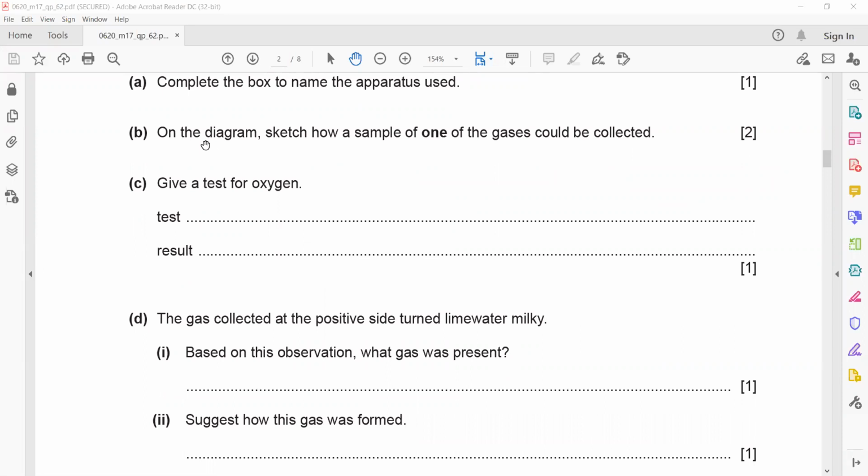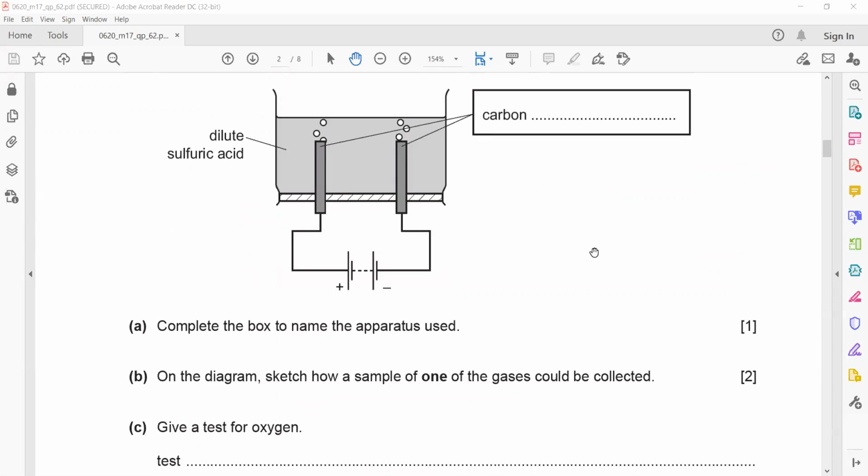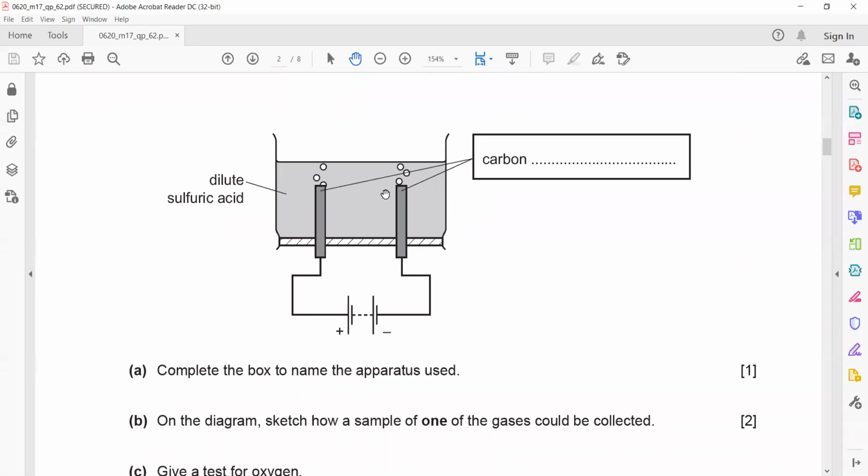A gas syringe is normally used when we have a sealed container and a gas is given off. But here it is difficult to attach a gas syringe, so we don't. We can attach a gas jar, or a measuring cylinder which has some liquid inside.